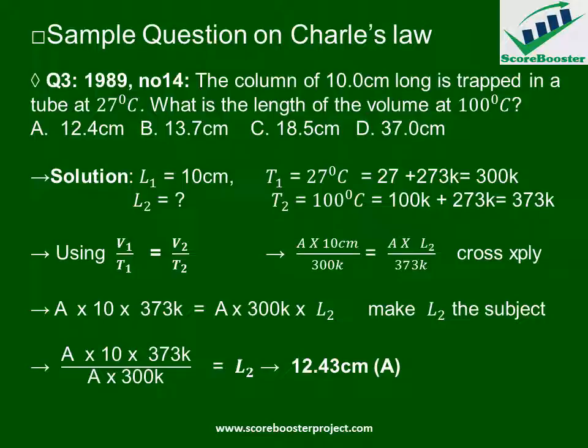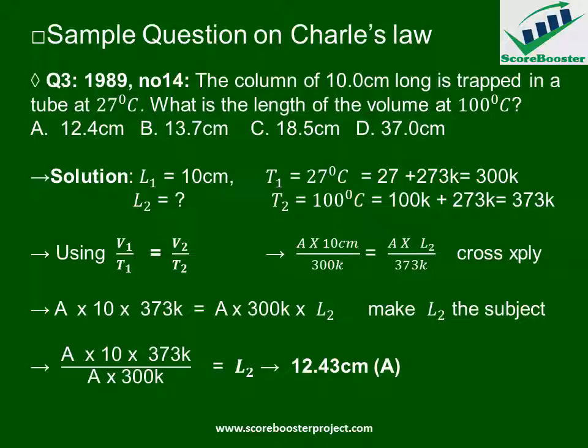So in place of volume 1 now, which is our V1, we can write area times the length 1, which is 10 centimeter, over our temperature 1, which is 300 Kelvin, equal to volume 2, which will also be area times length 2, our L2, over the temperature, which is 373 Kelvin.